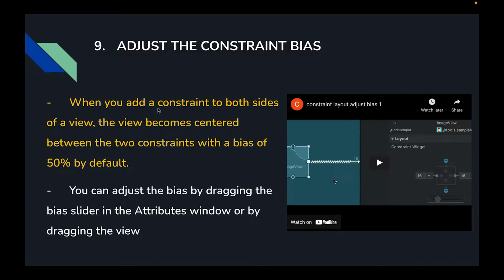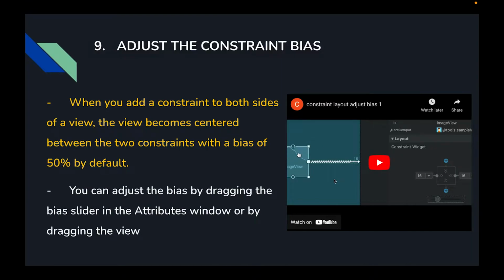When you add a constraint to both sides of a view, the view will become centered between the two constraints, with a bias of 50% by default. For example, imagine that this is the view, and you have the start constraint and end constraint in the horizontal direction, it will automatically have the bias.